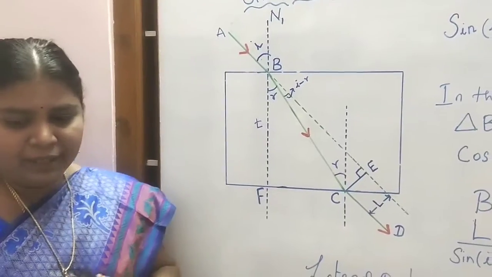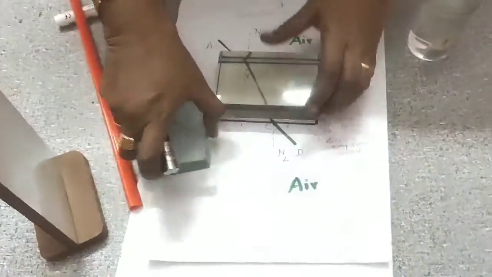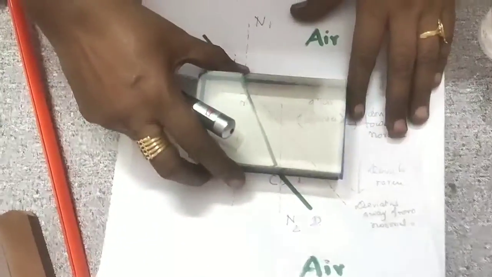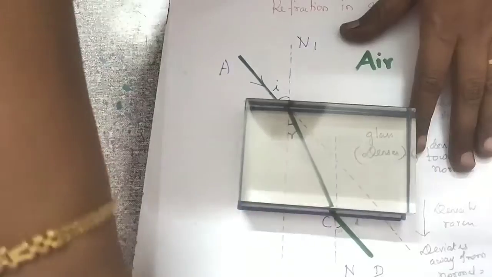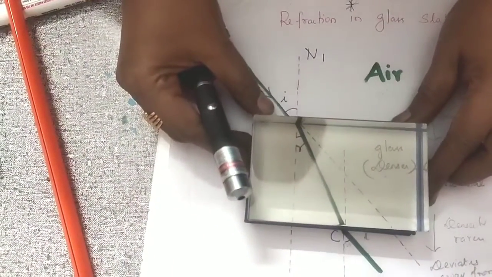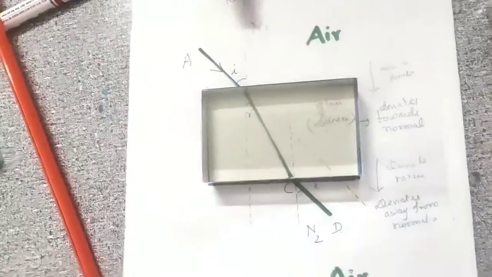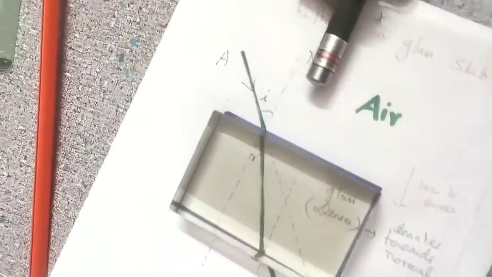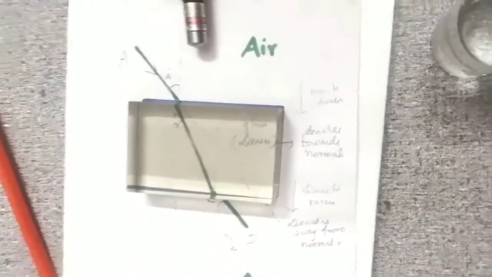You can see this experimentally. Here I am passing the light through this glass slab from the air medium to the glass medium. I am passing the light normally, so the angle of incidence is 0.